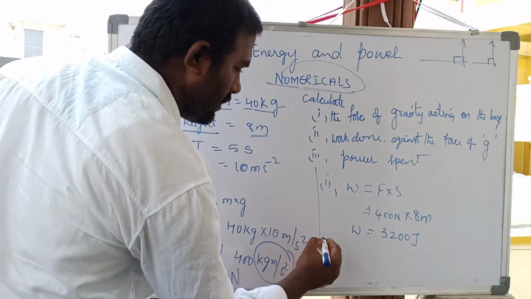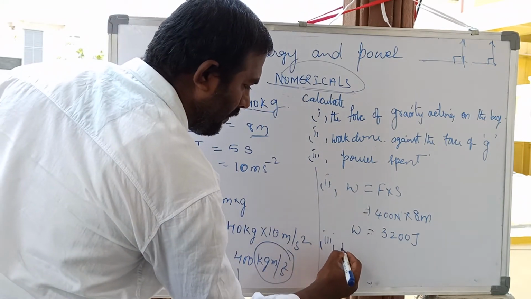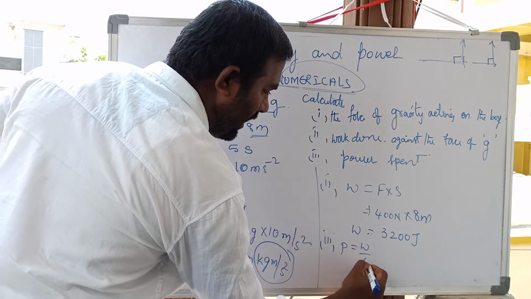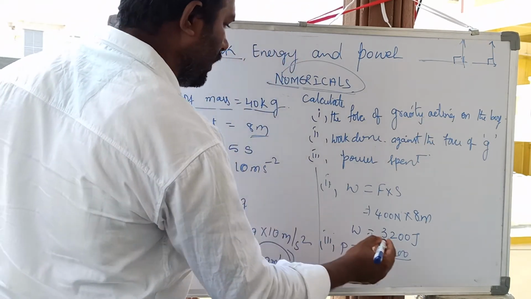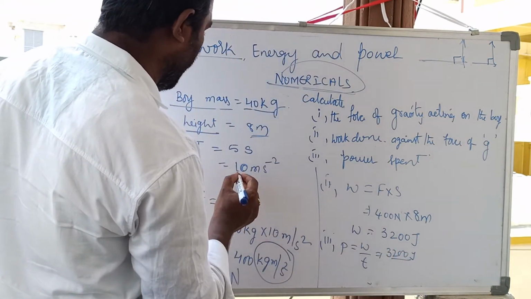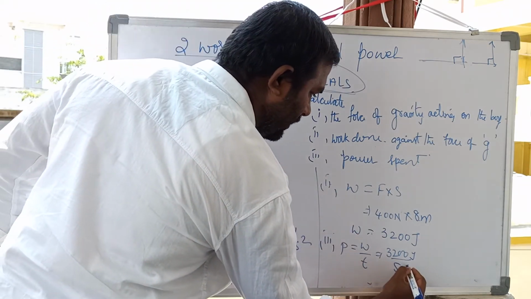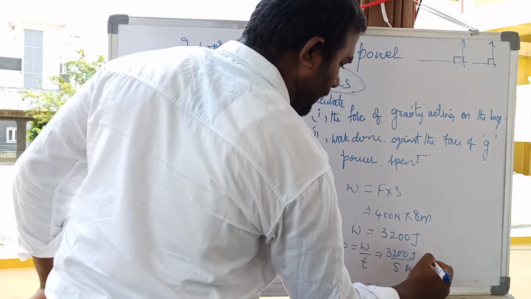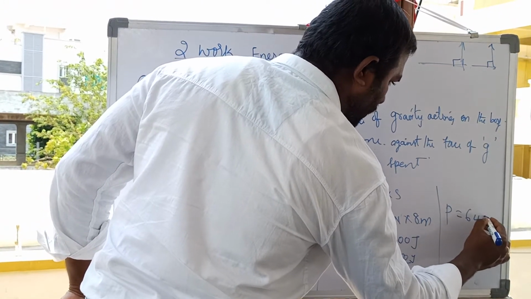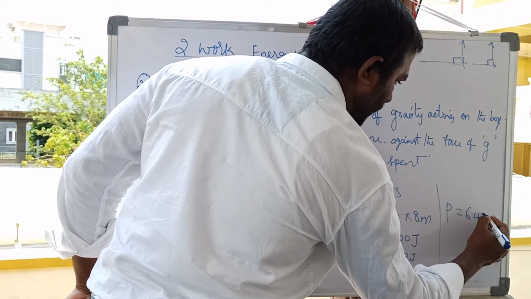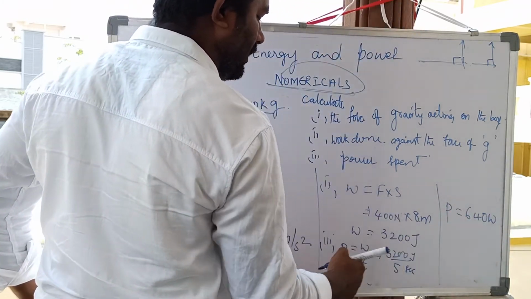Work done is 3200 joules. Next, the third one, power spent. Power is equal to work by time. Work we already got as 3200 joules, time is 5 seconds. Joule per second is watts. So power is 3200 by 5, which is 640 watts.